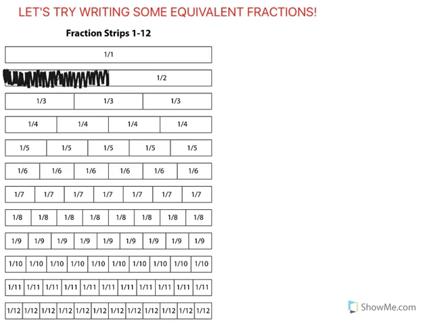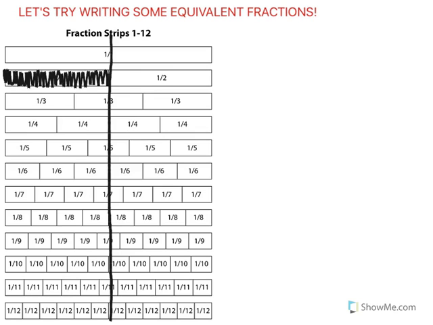Now, I stopped at 1/2, so I'm going to be looking for fraction strips that have a stopping point exactly where 1/2 stops. And to make this easier, I can draw a long line across my fraction strips showing where 1/2 stops.